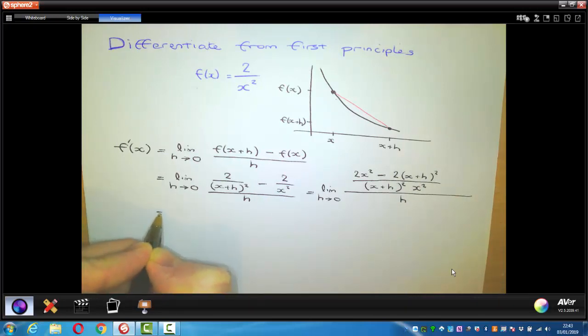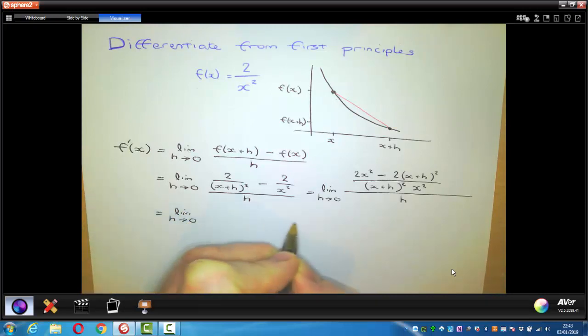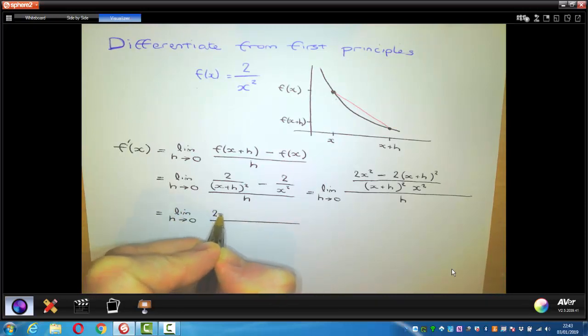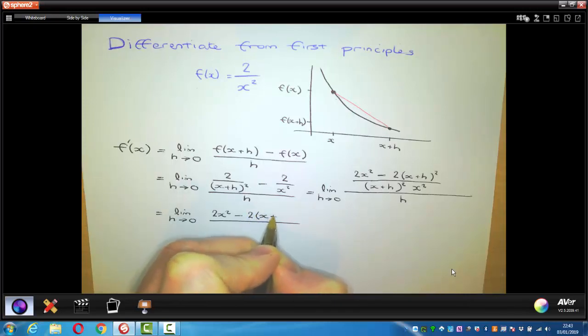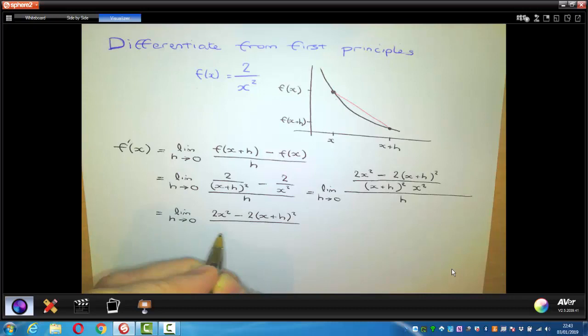And of course, we can write this 2x squared minus 2 x plus h all squared over x plus h all squared x squared h. And again, we cannot simply set h equal to 0.